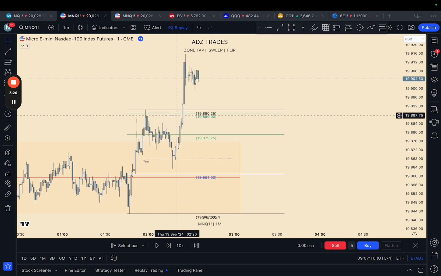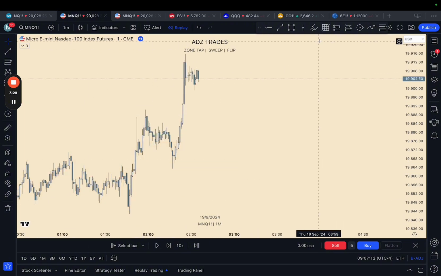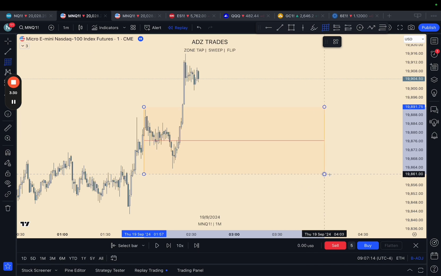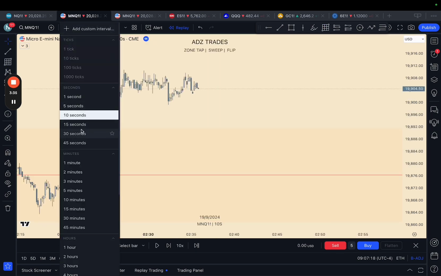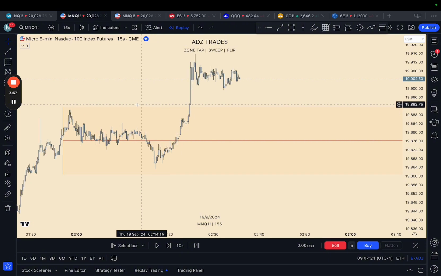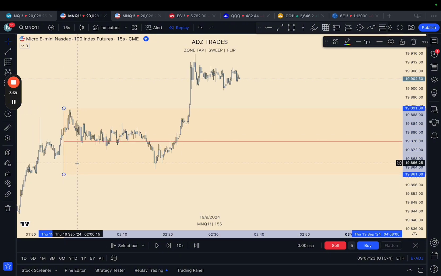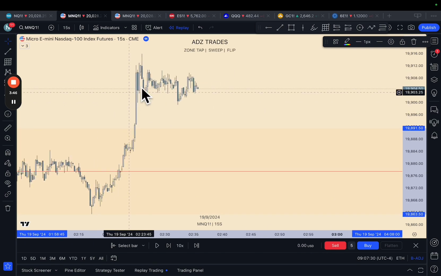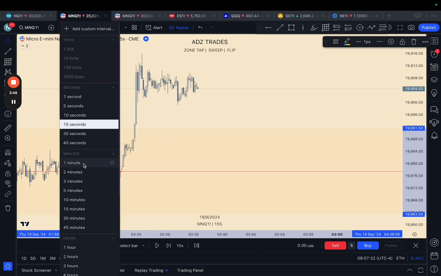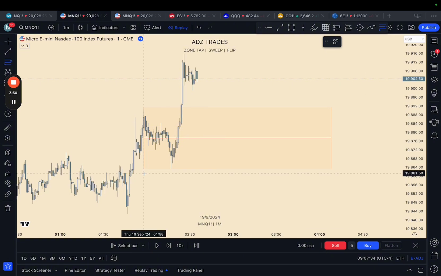Okay, we don't. We create a new zone now. So we have this. We'll see if we have 6 taps. And we don't have 6 taps. We'll draw the 1 minute fib.